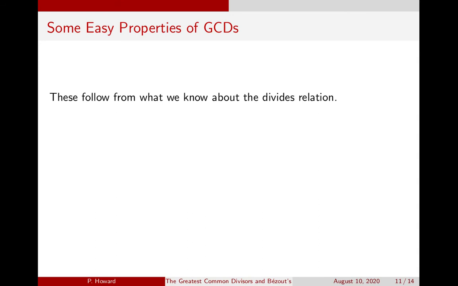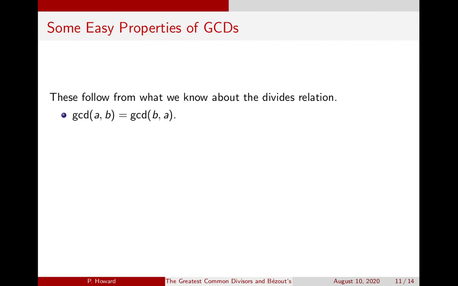Here are some easy properties of greatest common divisors, which we will be using and which you can feel free to use. They follow from the things we know about the divides relation.